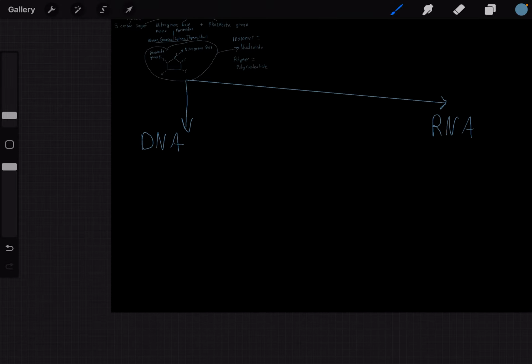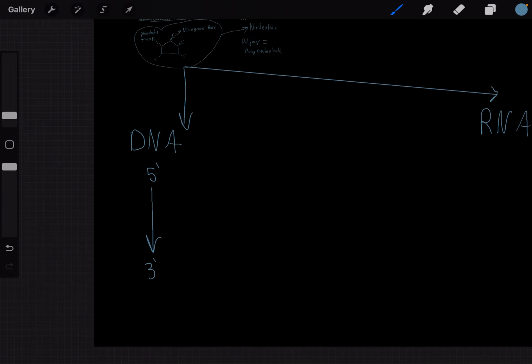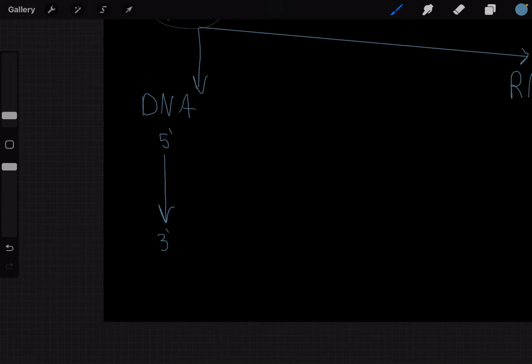So the nucleotide starts off with the 5 prime and goes down to a 3 prime. The 5 prime always connects to the 3 prime. What I mean by that is the phosphate group.